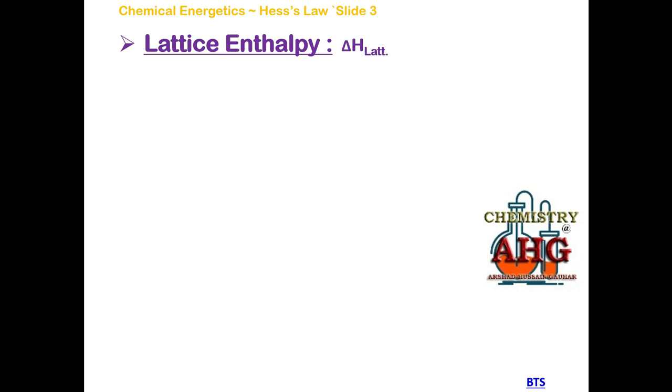For example, if you have been given sodium oxide and you have been asked to write an equation for the lattice enthalpy of sodium oxide, this is the information that you must remember for your A2 exams. You are supposed to write down an equation for the formation of sodium oxide. You must identify which ions are involved.